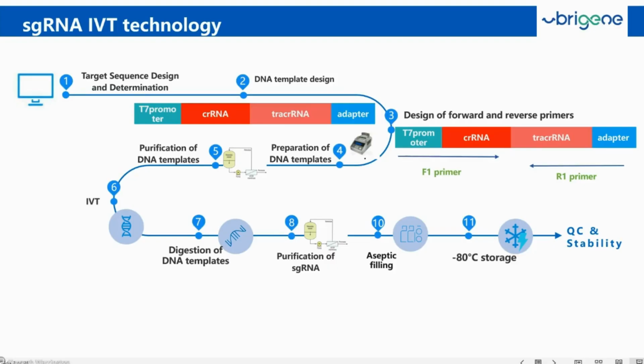These DNA templates are prepared, purified, and then deployed into our in vitro transcription reactions. The linearized DNA templates are digested away, and we have defined purification of the small guides that allow us to aseptically fill and, of course, release with both QC and stability test offerings.